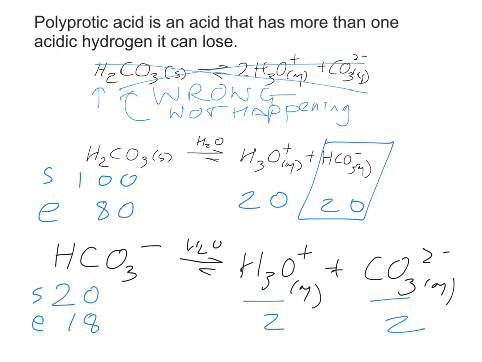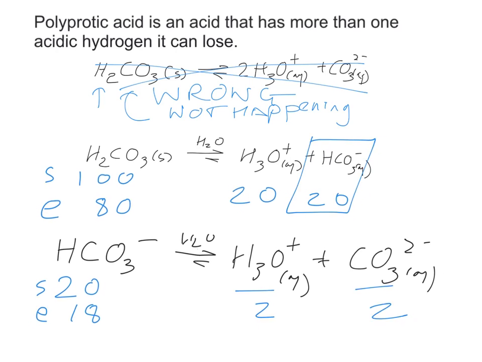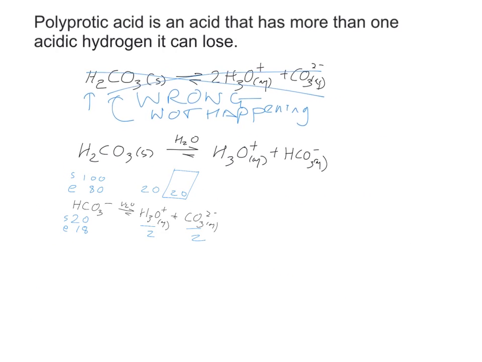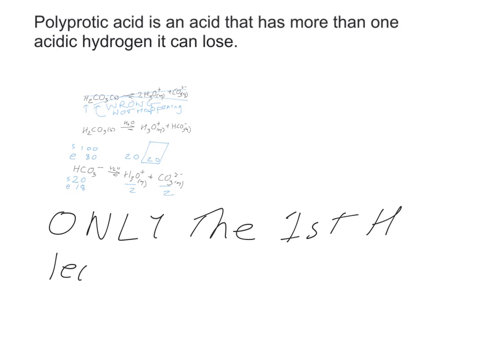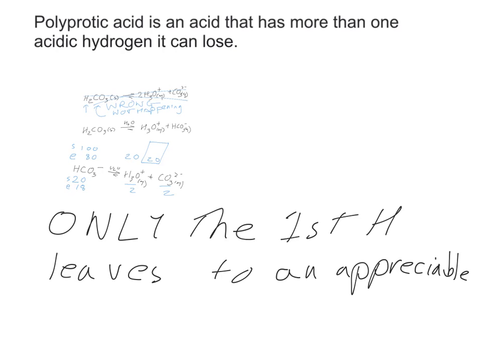So when you have a polyprotic acid, only the first hydrogen leaves to an appreciable degree.